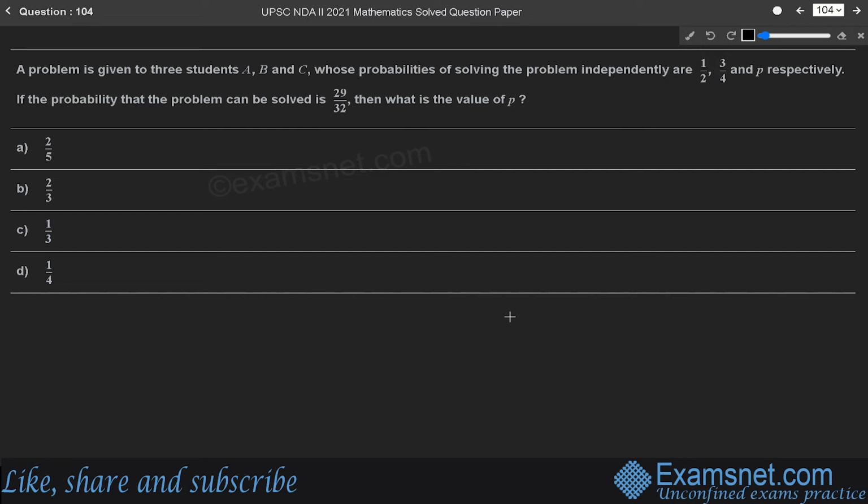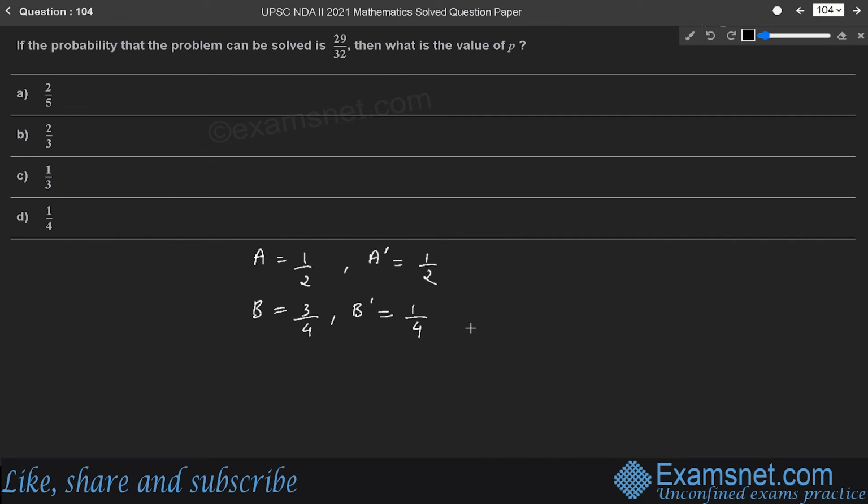There are three students A, B and C. Probability of A solving the problem is 1 by 2. So probability of A not solving the problem, which is A complement or A dash, is also 1 by 2. Probability of B solving a question is 3 by 4. Probability of B not solving a question will be 1 by 4.